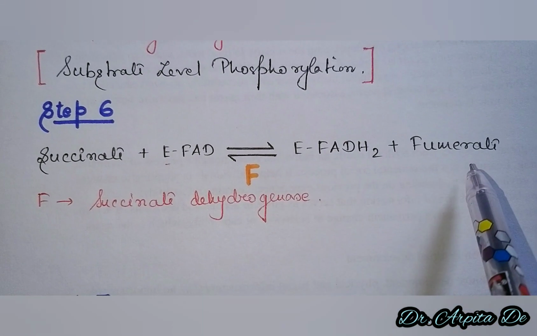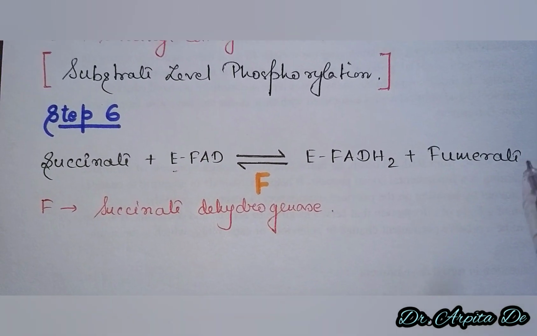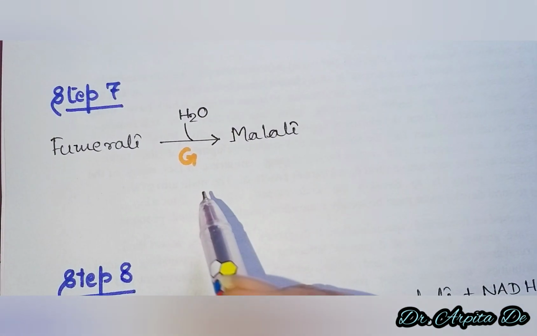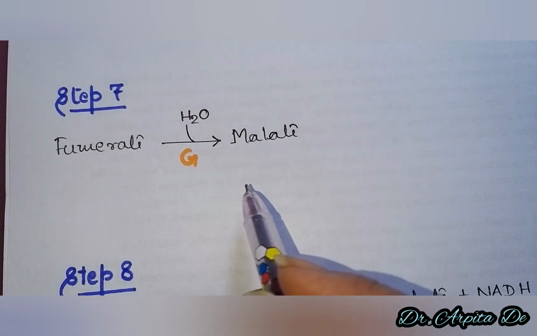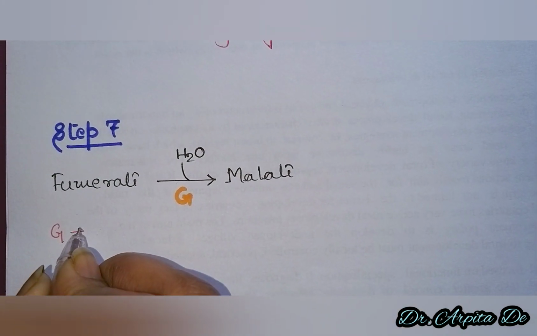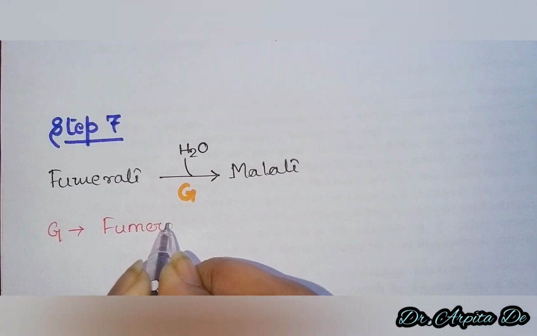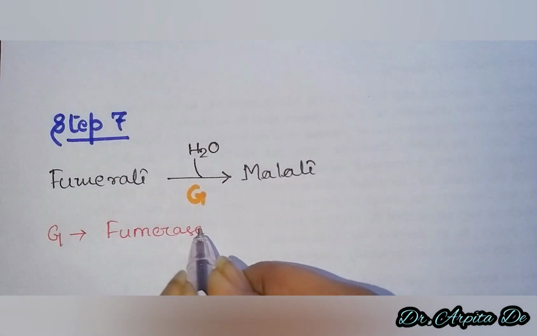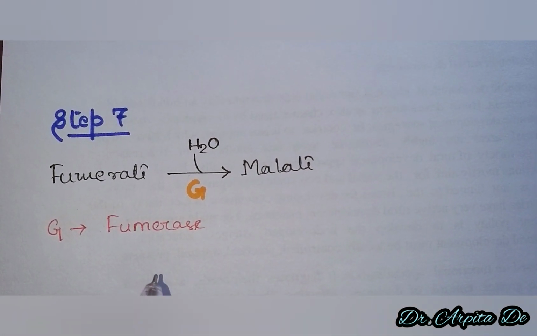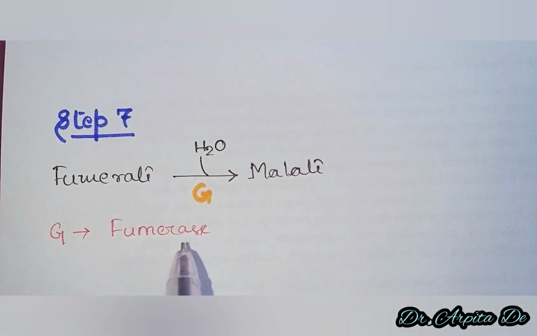So what is formed here? Fumarate is formed. In step number 6 we get fumarate. This fumarate in step number 7 gets converted to malate. Fine. The enzyme here is fumarase. See here, fumarase catalyzes addition of water. You can see a molecule of water comes in.